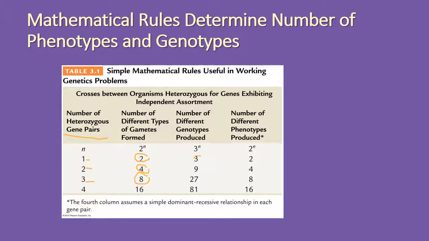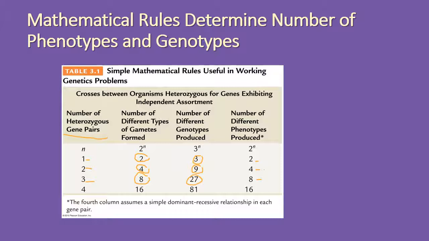So 3 genotypes, remember that 1 to 2 to 1 ratio in the monohybrid cross. There's 9 different genotypes that could get produced in a dihybrid cross, and we said there were 27 in a trihybrid cross. And then the number of phenotypes produced is the same as the number of gametes. So you have 2 being produced in a monohybrid cross, 4 in a dihybrid cross, and 8 in a trihybrid cross.